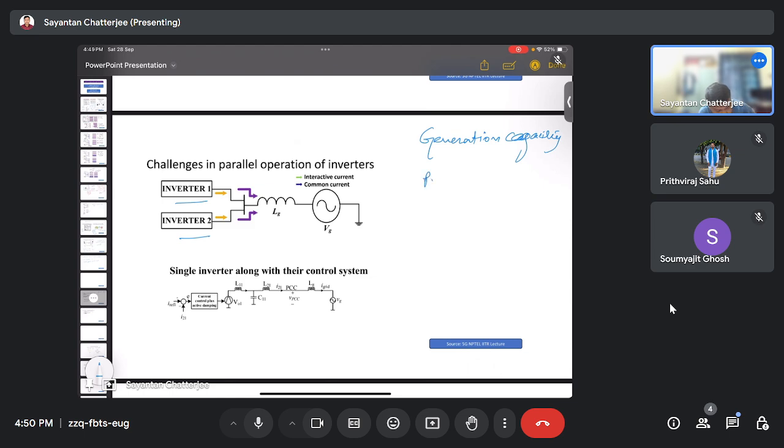So parallel inverters as current sources. Okay. So here we keep LCL filter.